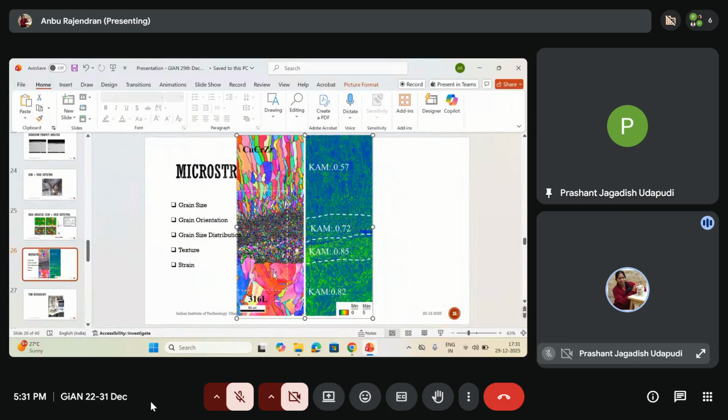See, within a grain, it is supposed to have a uniform color, right? But you can see the gradient within a grain. So it indicates that there is a presence of stress. You won't get quantification with this, but you can get a qualitative analysis of the presence of stress. Okay, ma'am. Thank you, ma'am.